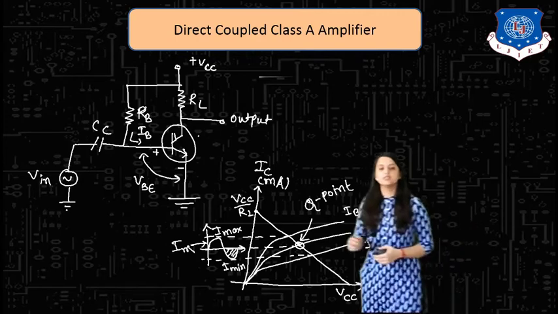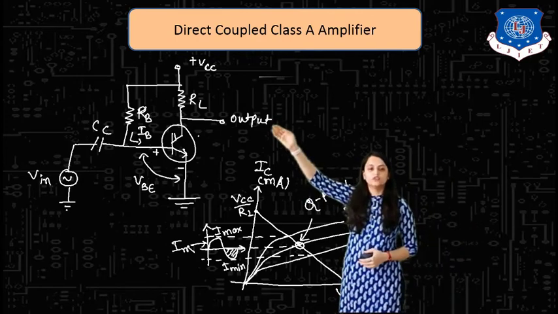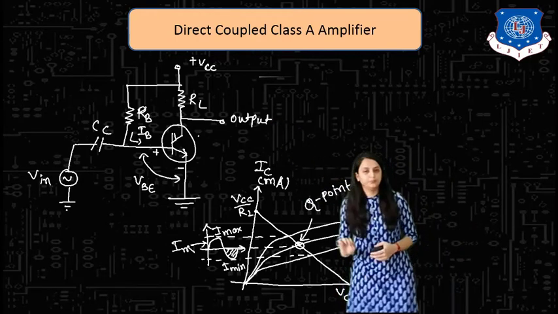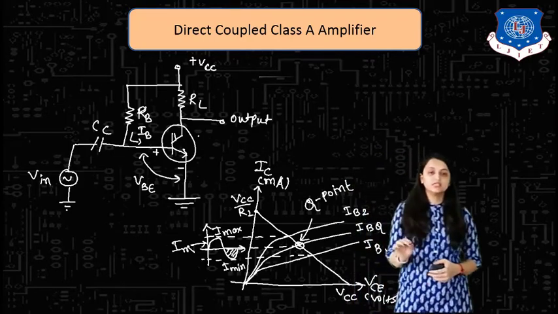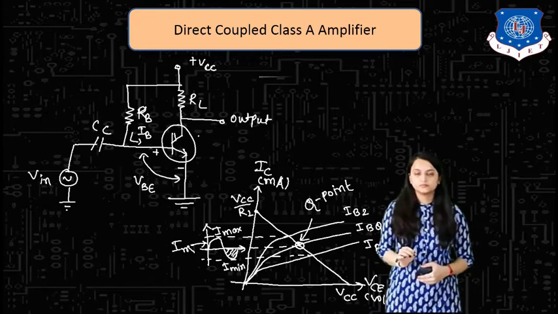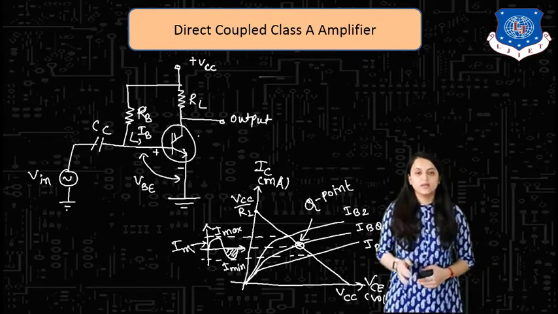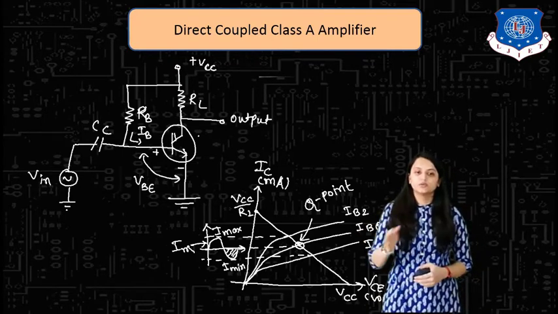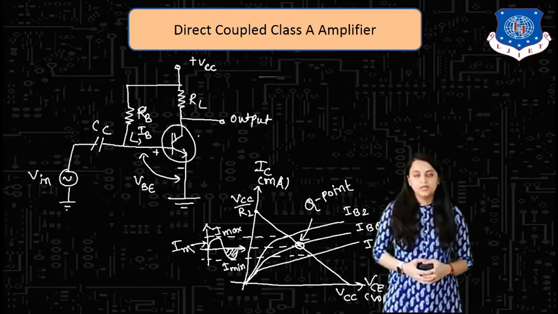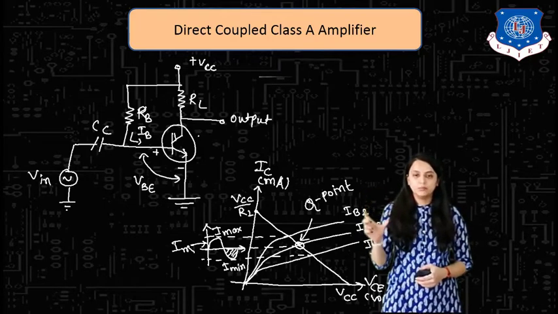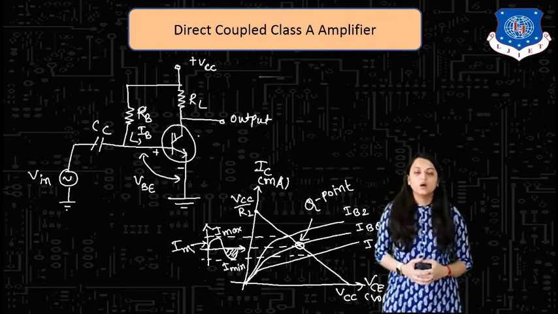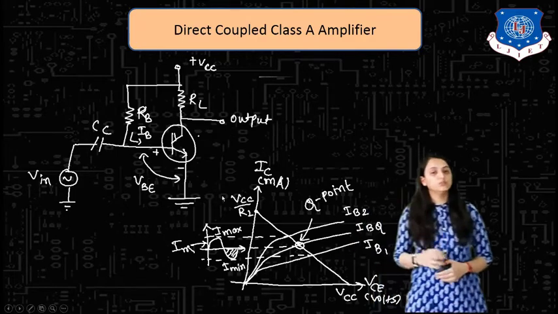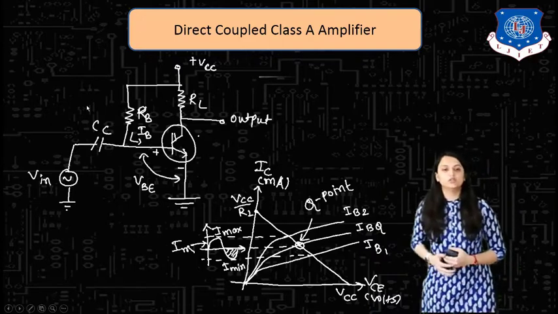As you can see in this circuit diagram, an NPN transistor is used. The base terminal of this transistor is connected to C, that is the coupling capacitor. Then here RB is the base resistance and RL is connected to the output. VBE is the voltage across base and emitter terminals, and here the supply is connected. Now, as it is a class A amplifier, the Q point is adjusted at the center of the load line.